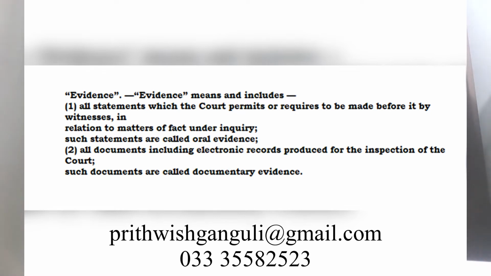And what is the basic character of evidence? Number one, it should be given before the court. It should be either permitted by the court or required by the court. It should be given by the witness. And the last one is, it should be related to the matter under inquiry.